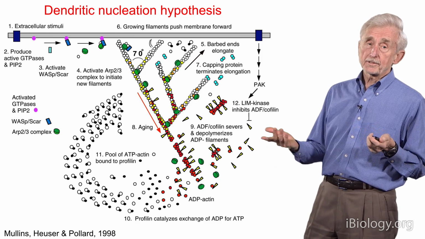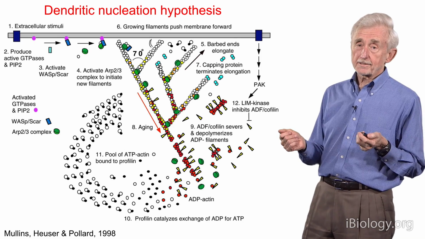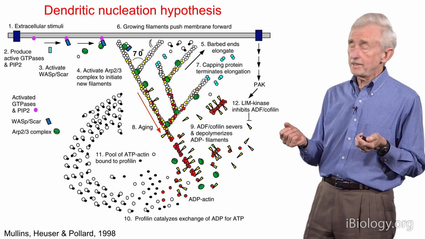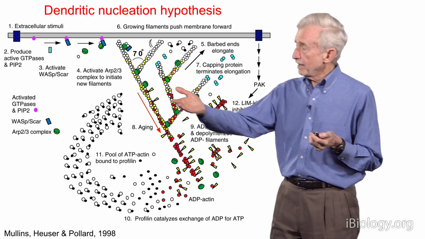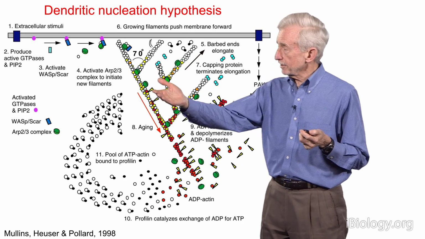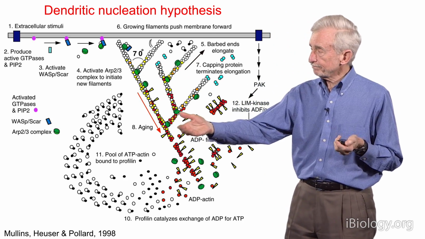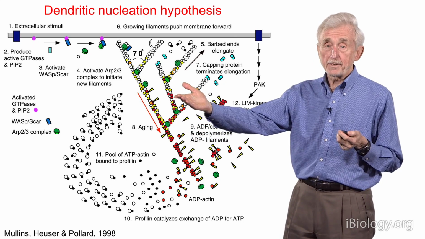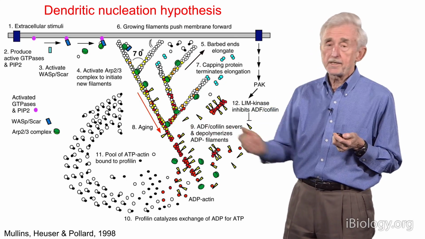Now the actin filaments, as you've heard earlier, spontaneously hydrolyze their bound ATP and dissociate the phosphate. And so this is an aging process, which is shown here by this arrow. And the yellow is ADP-Pi actin, and the red is ADP actin.